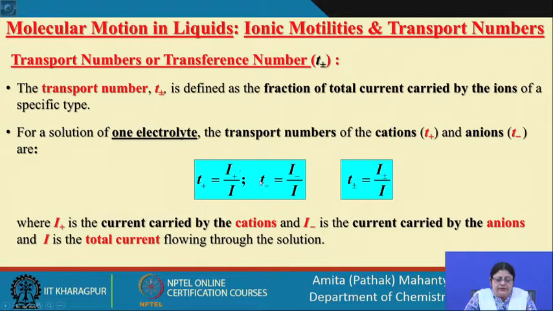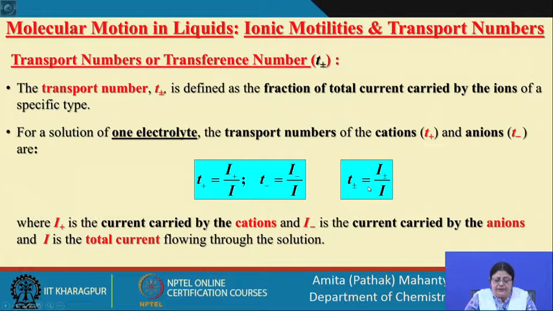When we represent this, it can be written in one form as T plus-minus equals I plus-minus by I. Here we are taking both the anion and cation together and representing them by one expression.